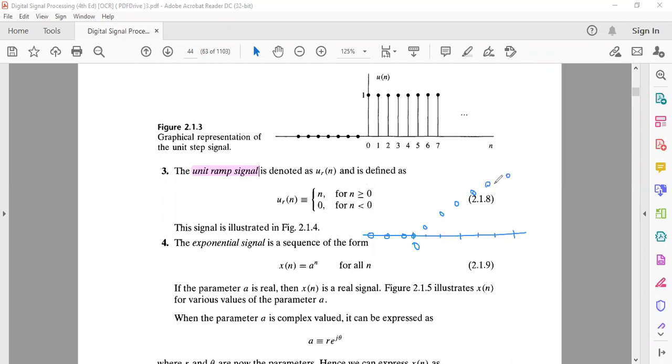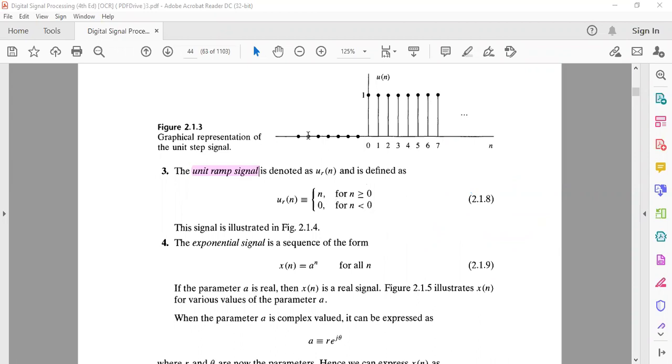If this was a continuous signal, this ramp would look like this. See, a ramp indeed. That is what we would have. That is your unit ramp. But when you look at it as a discrete signal, you see how these things change.